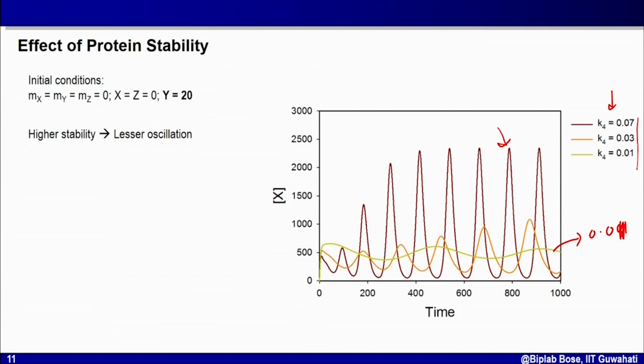That means now the protein will be more stable. I lose this oscillation. Why is it happening? Because if you remember, if I increase X, the extent of repression on Y will increase. Then also the extent of repression on Z will also increase, and the repression of Z on X will also increase.